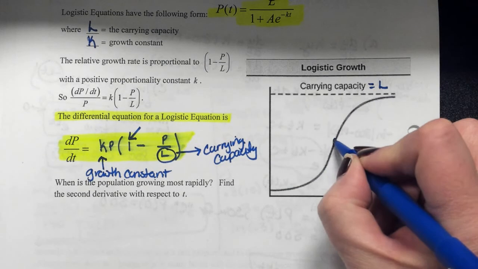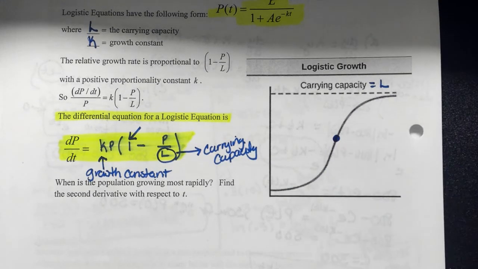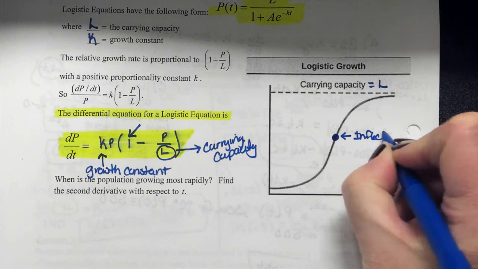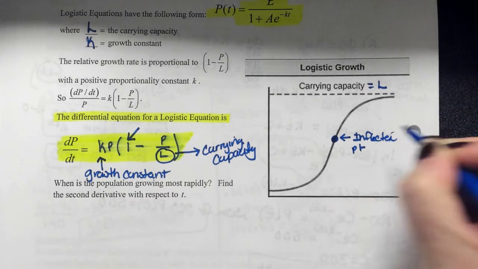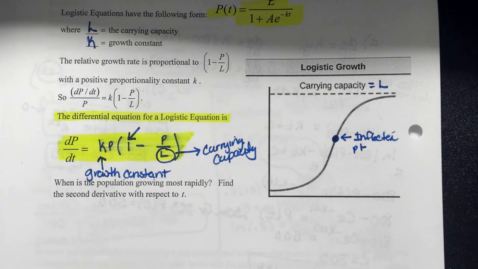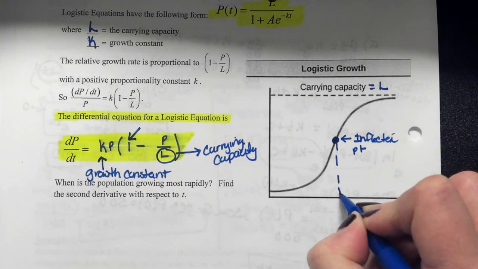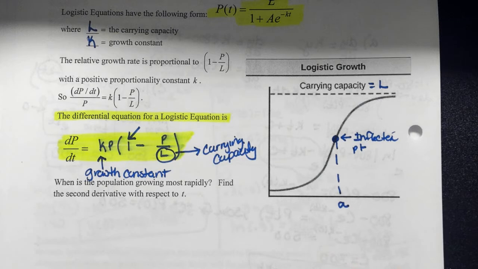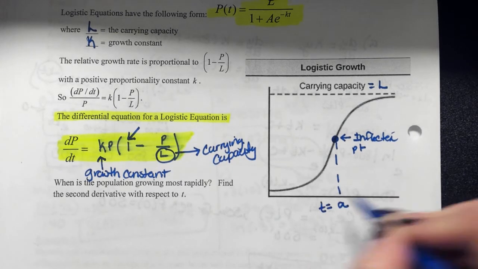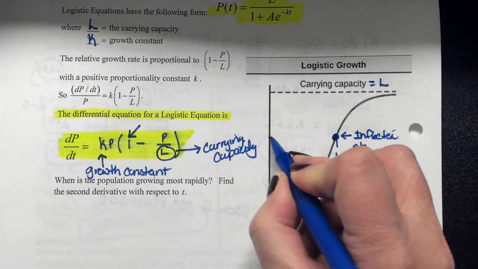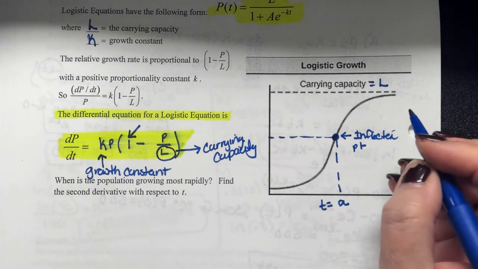So at some point on your logistical curve, you have an inflection point. And this inflection point is a very key value. Let's call this particular value A. So at a time t is equal to A, you're going to reach half of your carrying capacity.